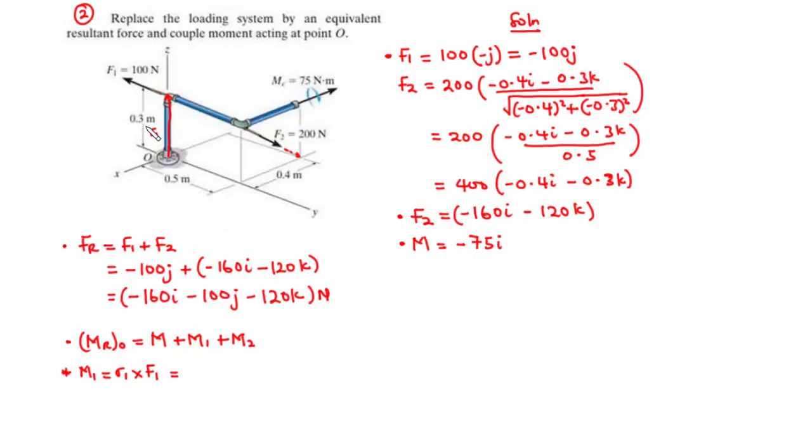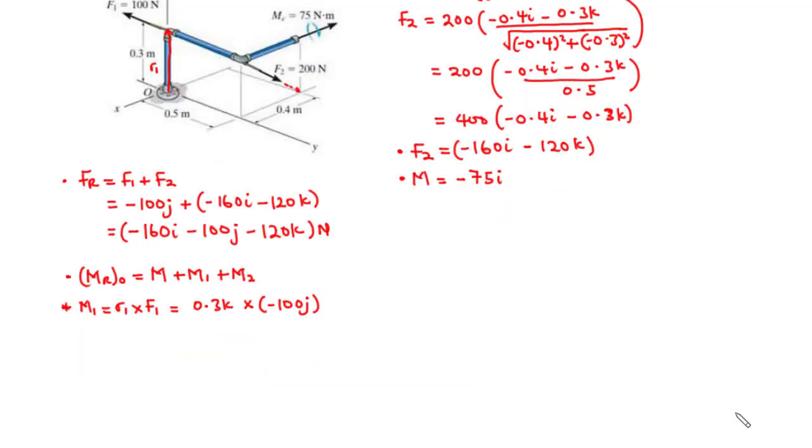So we have 0.3k. So we have 0.3k cross F1, which is negative 100j. So that will be equal to, we have i, j, k. Next we have 0, 0, 0.3, and then lastly 0, negative 100, 0.